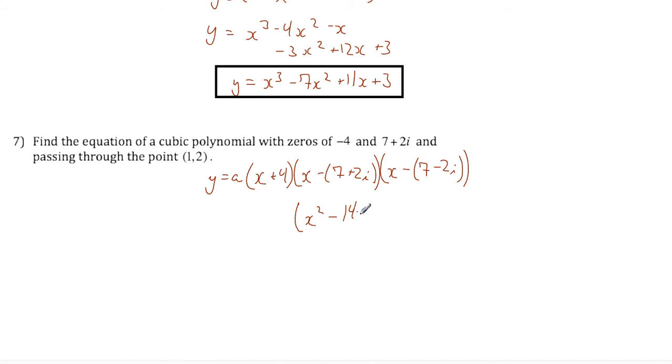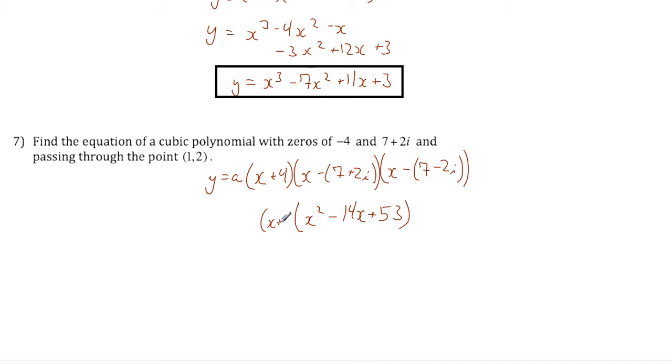So minus the 14x. And then if we multiply these, it's going to be 7 times 7, which is 49. 2i times -2i is -4i squared, so that's plus 4. So 49 plus 4 is 53.